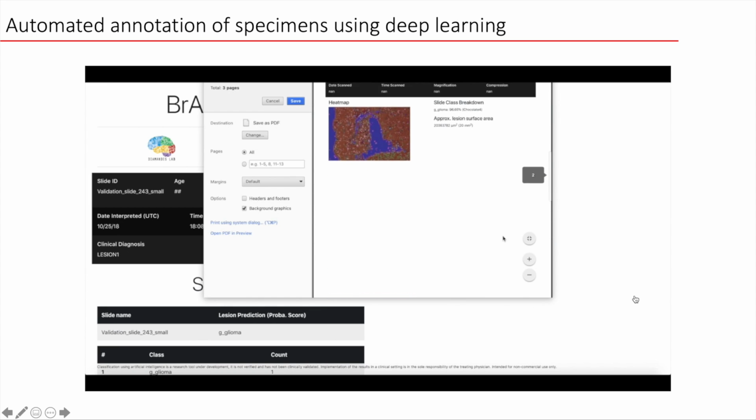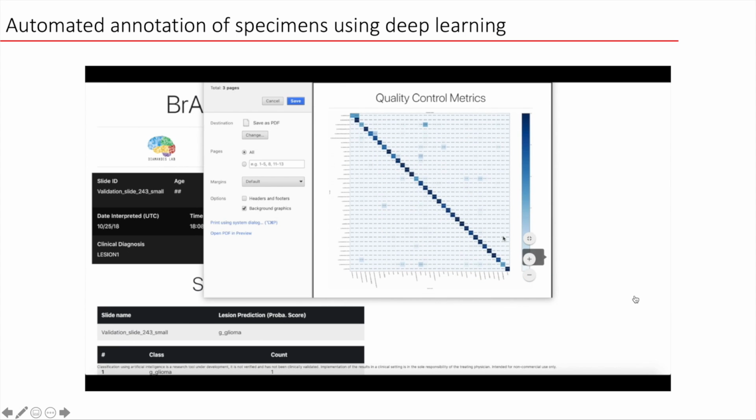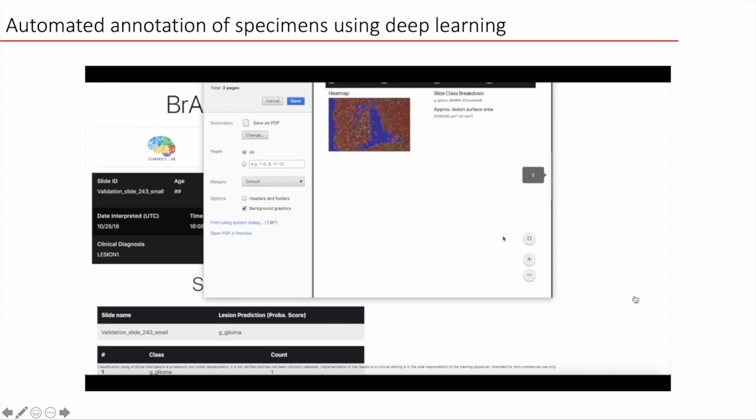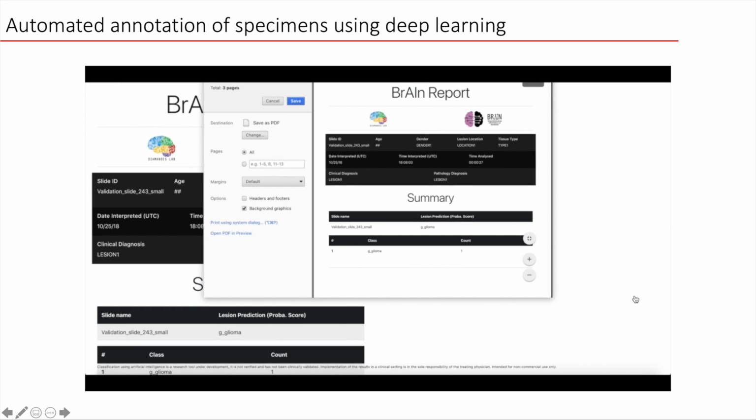So if a pathologist is not available, if they're too busy, you now have an alternative way to do the annotation and diagnostic step in a relatively automated way, and we're really excited to launch that once we have the appropriate collaborators.